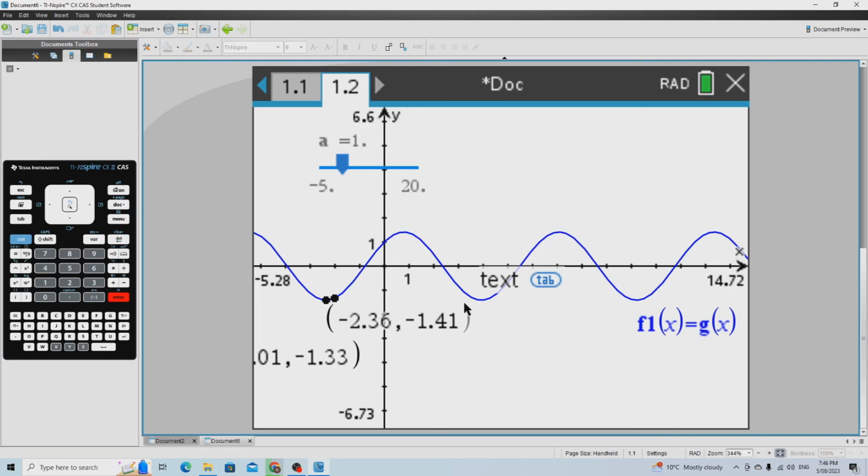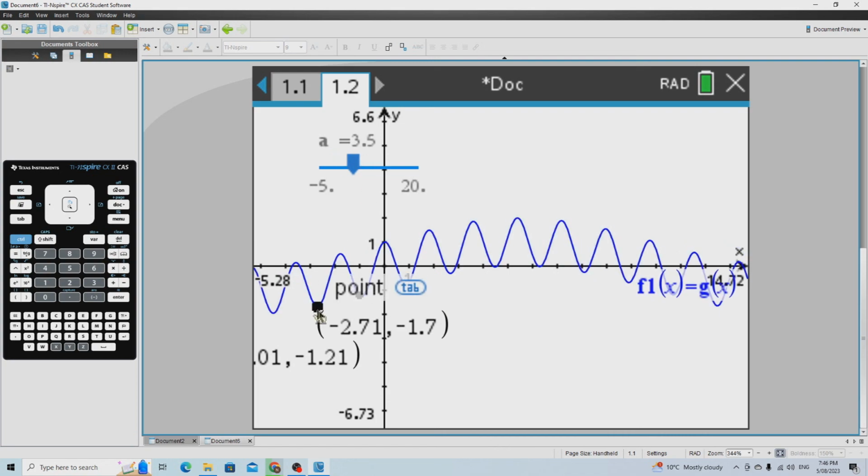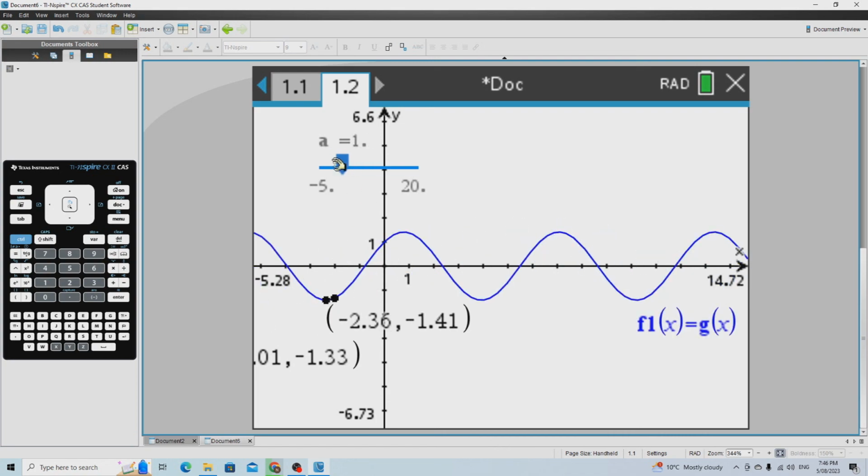Find the greatest means we want it to be a little bit up. This is the most upward one; the other ones just go down, which is not what we want. So a should be 1.